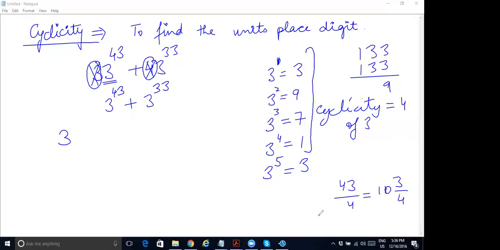So it'll be 4 into 10 plus 3. Then 3 to the power of 43 is 3 to the power of 40 into 3 to the power of 3.